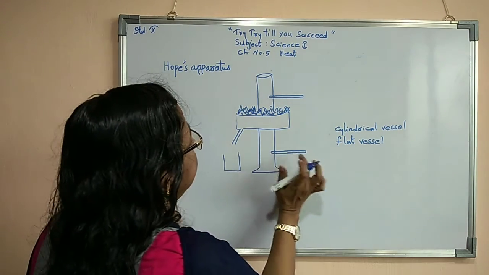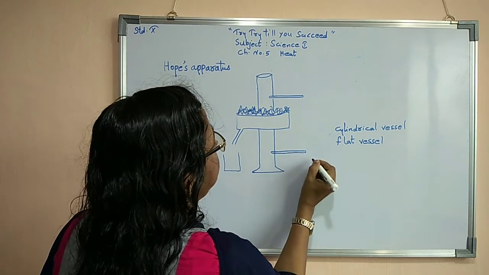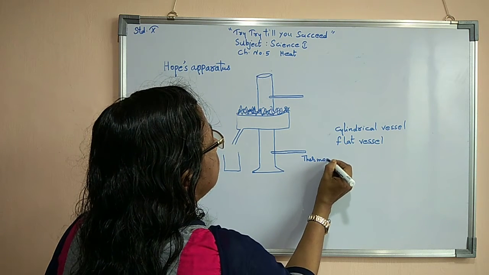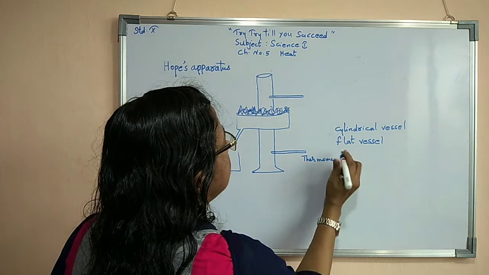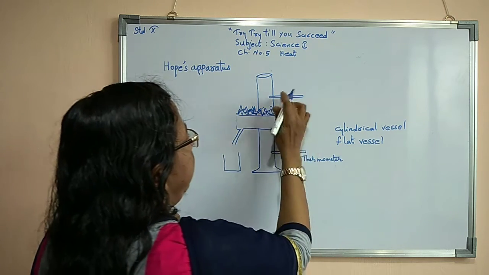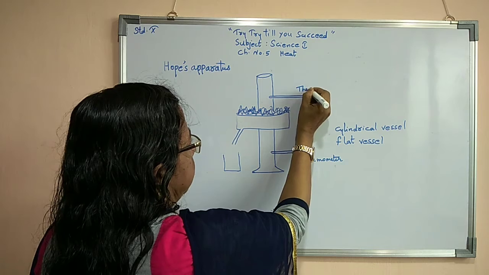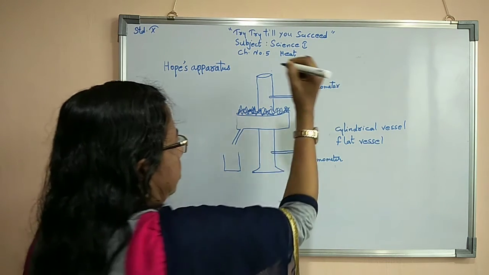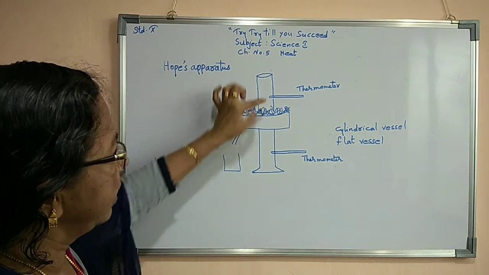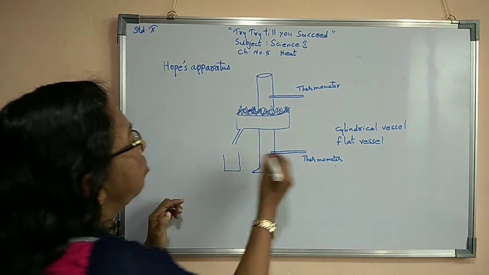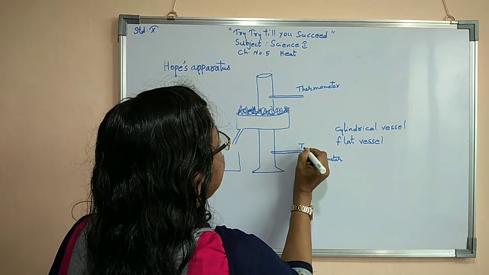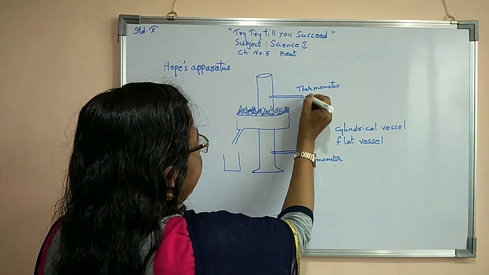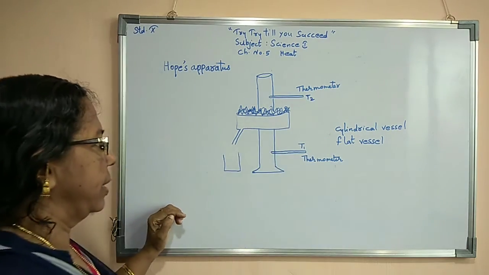Then downside there is one thermometer, and upside also one thermometer. So here we have to connect two thermometers. The downside one we can write as T1 thermometer, and the upside one as T2 thermometer.